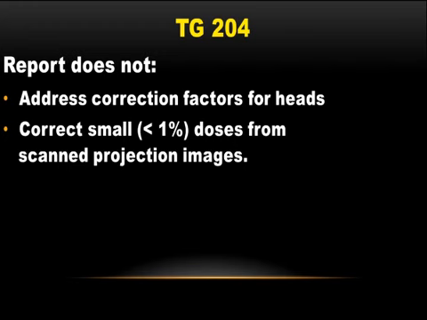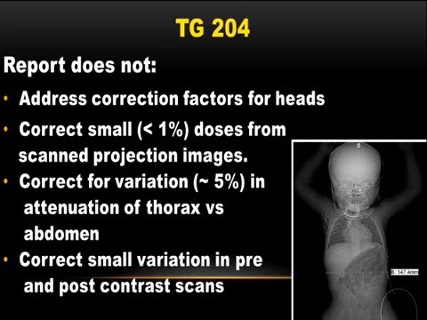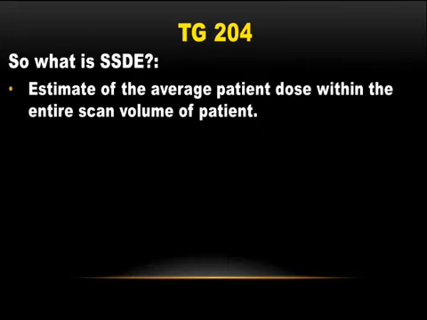It does not address the small, less than 1% dose that's associated with projection scans that Mike talked about earlier. It doesn't correct for the variation in attenuation between the thorax and the abdomen because of the presence of air and lung tissue in the thorax and soft tissue in the abdomen. And it doesn't correct for small variations in pre- and post-contrast scans.